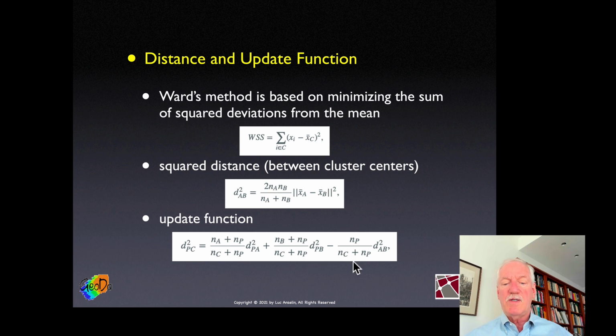And so you update the square distances, again, using nothing but the original data in the square distance table, and the weights depend on the number of observations that are in each of the respective clusters that are being combined.